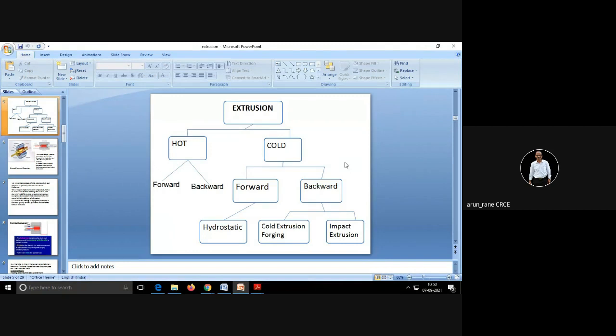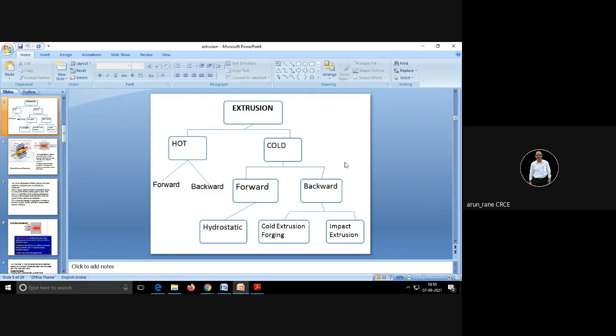In cold extrusion also the material is heated, but it is heated below the recrystallization temperature, that is below 763 degrees Celsius. Whereas in hot extrusion, the component is heated above the recrystallization temperature. Right now you just remember recrystallization temperature is the temperature at which the process of crystallization starts. And this you learn in metallurgy.